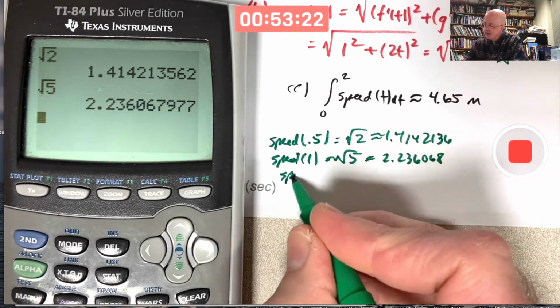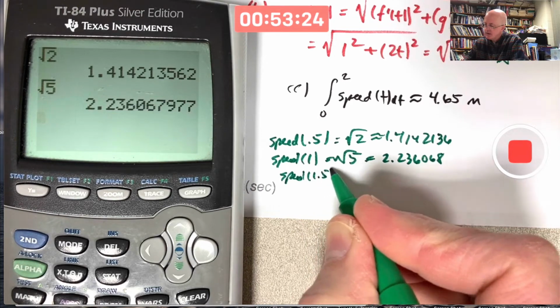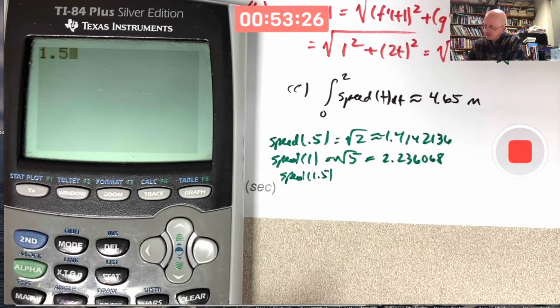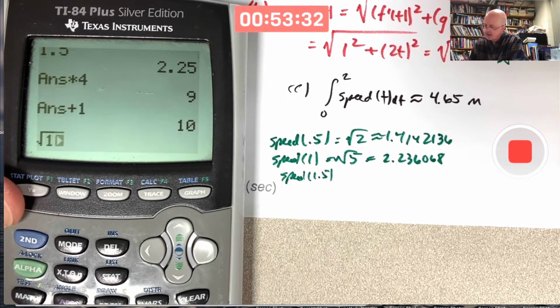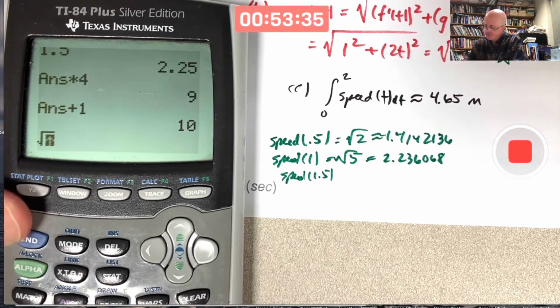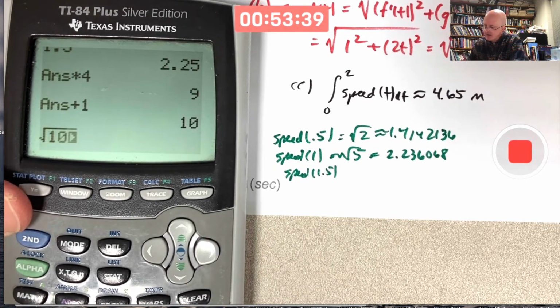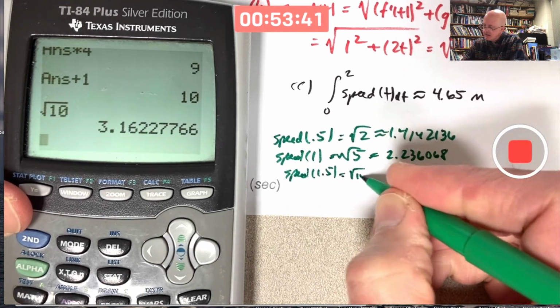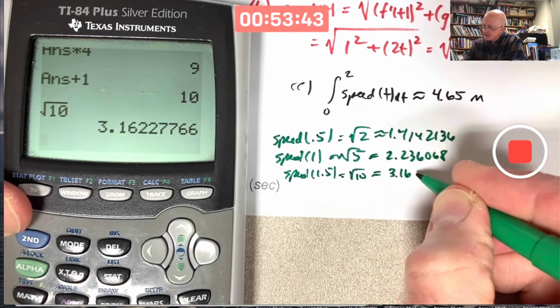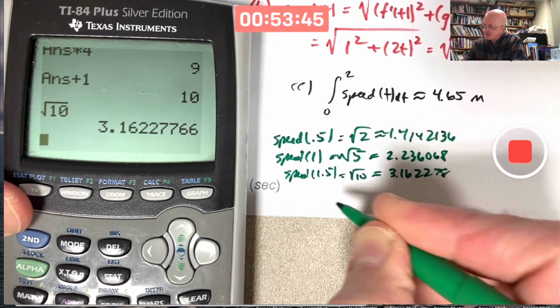Speed of 1.5, 1.5 squared times 4 plus 1 is 10, so you're going to get square root of 10, about 3.162278. I'm using more decimals than I need.